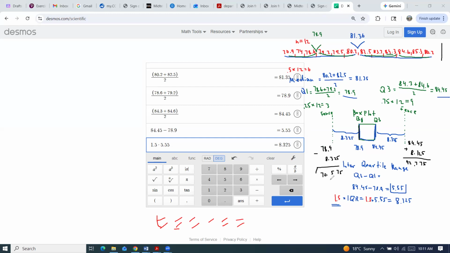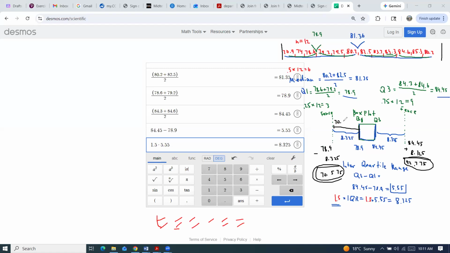So there are two very special numbers. Fences were calculated, so my sample must be in between, 70.5, which is right there pretty much, right? So the sample starts here almost on the fence, but it's fine because the lowest element is 70.9.